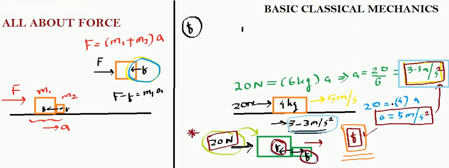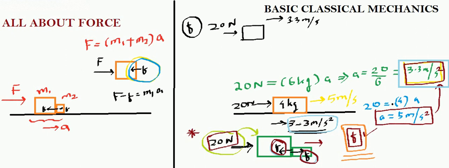I see that my first block is being acted upon by a force of 20 Newton, and my first block would have happily moved with an acceleration 5 meter per second square if there had not been any second block. But the presence of the second block causes the first block to move with a less acceleration of 3.3 meter per second square.